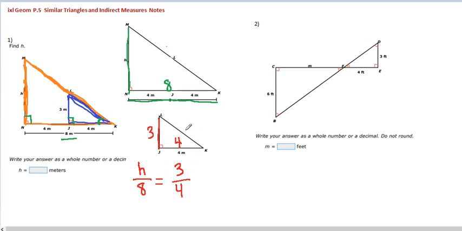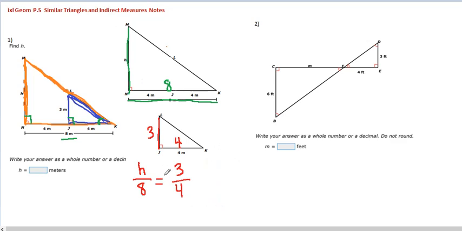It's really important that if I'm going height to base for this ratio, you go the same way, height to base. You couldn't set this one up to go 4 to 3. It has to be in the same order. If not, you're going to get a wrong answer.